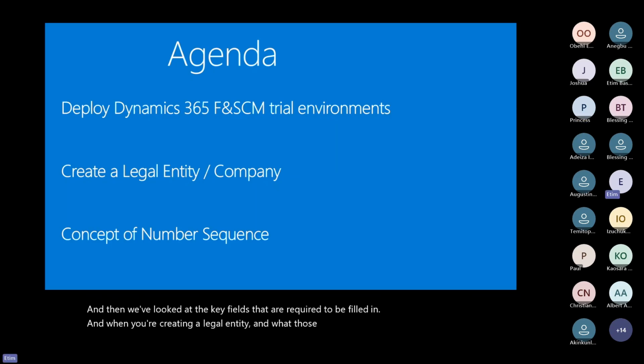And then we've also looked at how to generate the number sequence for a new legal entity, and then how you can, of course, manually create a manual number sequence and assign it to a transaction type or a master record. Of course, you can also modify whatever number sequence has been created and assigned by the system to suit your format. All right. So that's what we've been able to cover today.